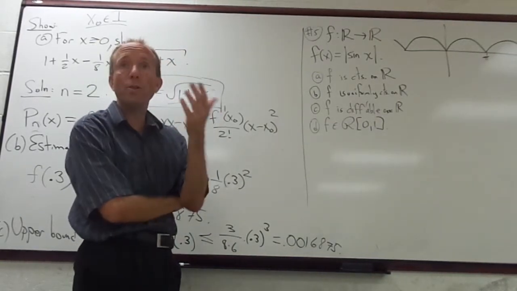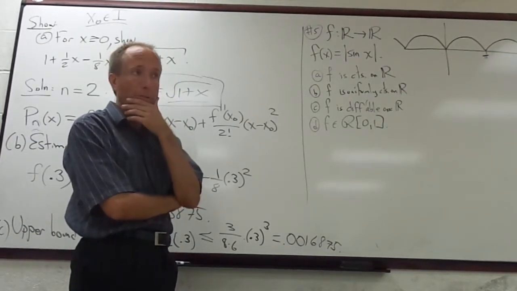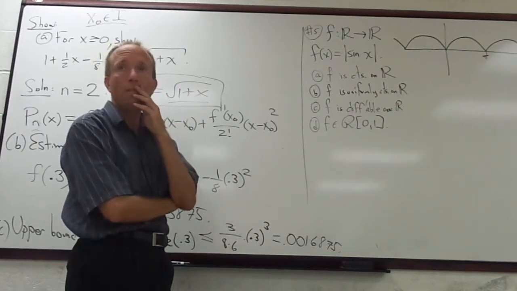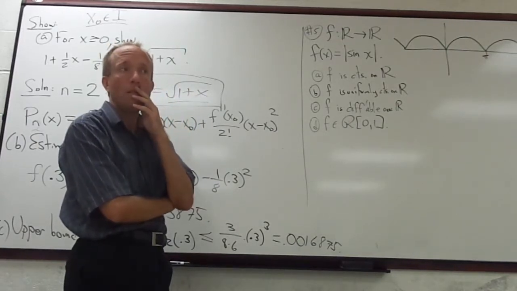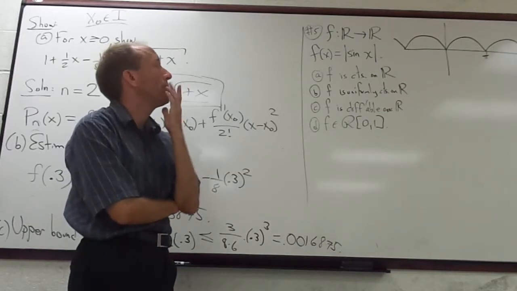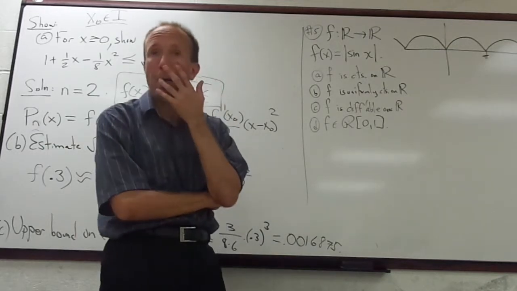So there's the definition. Is there anything else we have? Bounded derivative. Do you think the derivative of this is bounded? Well, what's the derivative of sine of x? Cosine of x.